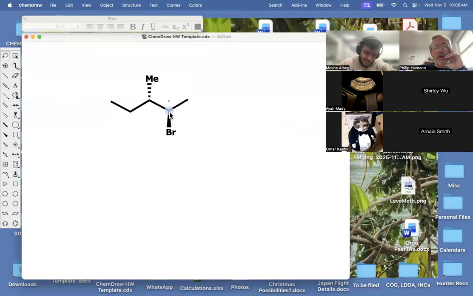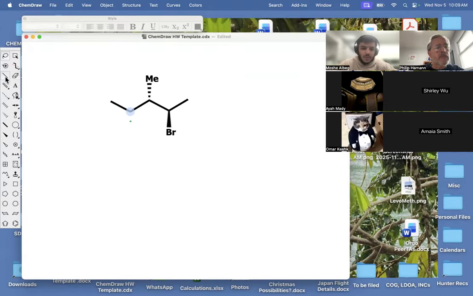If the bromine is going down and toward you, and the methyl group is going back and away from you, or up and away from you, they are anti-periplanar. So one of them has to be on the wedge, and one of them has to be on the dash. That's the only condition for E2. Well, they're on the opposite side of the zigzag too.